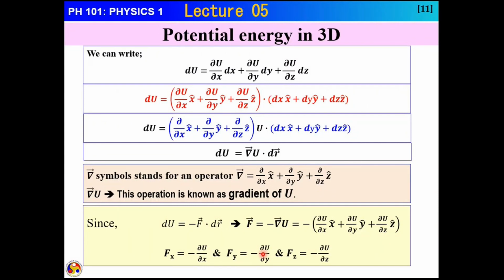What is the meaning of this? If I move along the y direction, how is this potential changing? That is the meaning of the rate of change of the potential along the y direction. Fz is the z component of the force, which is equal to minus the rate of change of the potential energy along the z direction. Okay, this is the meaning of all these components.